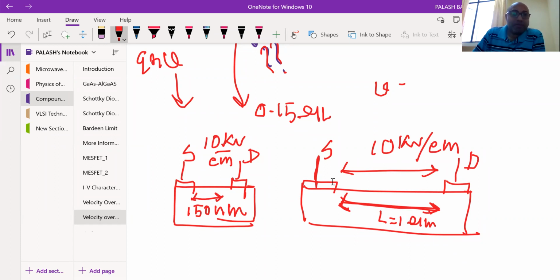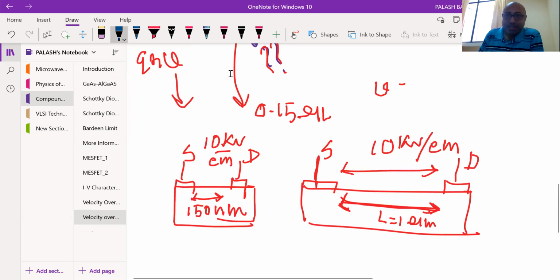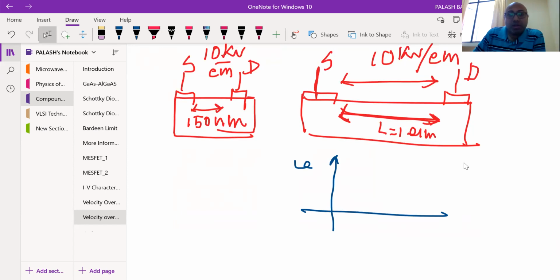Because we got the curve based on that. But in the long channel, the problem is the following. You might get a high electric field over a high distance.